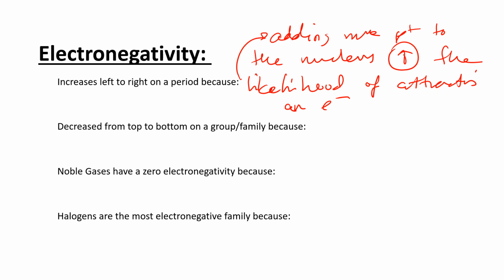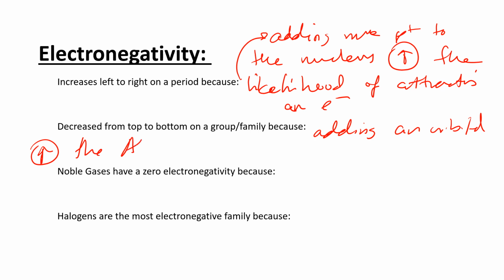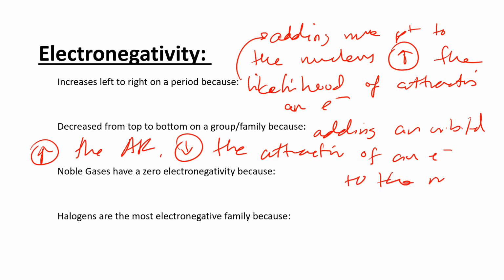Why does it decrease from top to bottom? Because adding an orbital increases the atomic radius, which decreases the attraction of an electron to the nucleus.